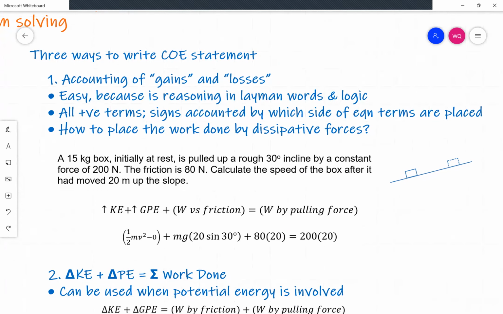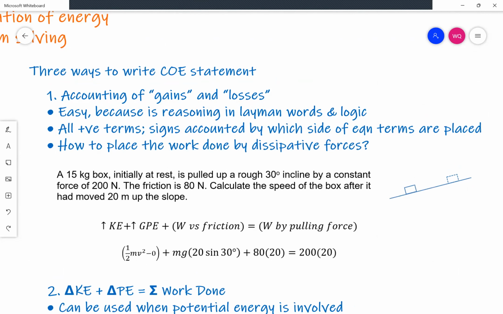Without further ado, the first way is to account in terms of gains and losses. We know that the change of a certain quantity is equal to final minus initial. And a change in quantity can be a positive or a negative term. That's where students blur already, because it's difficult to deal with negative items. But it's easier to say things in terms of gains and losses.